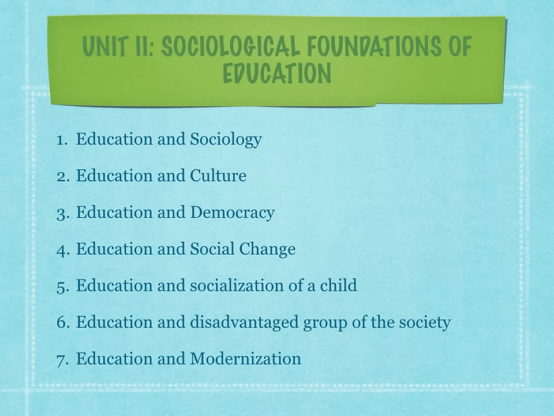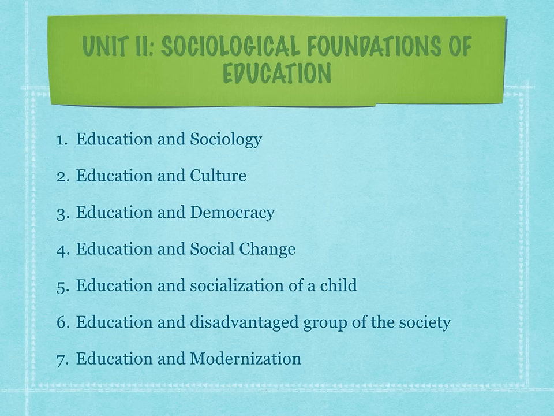Then we will move on to our second unit, which is the sociological foundations of education. Most of the time we neglect this unit, but it is very scoring and very important.